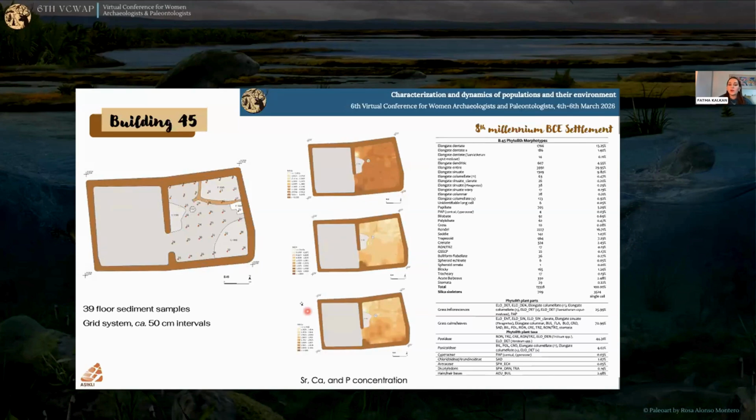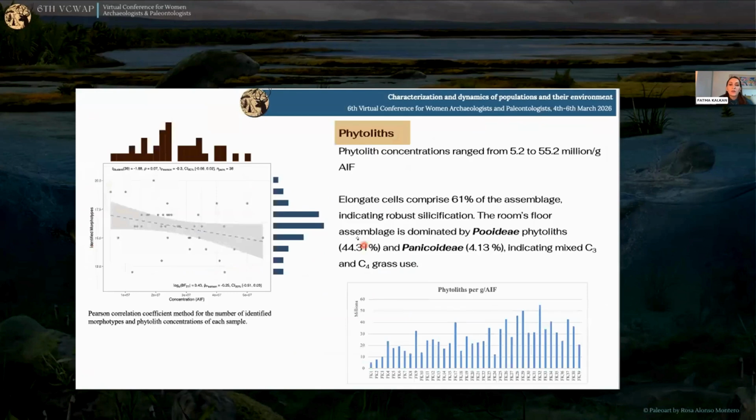Accordingly, the presence of embedded chemical residues suggests that the southwest corner of the room may have been used as a food preparation area. However, geochemical analysis revealed no other clear spatial pattern in the room.